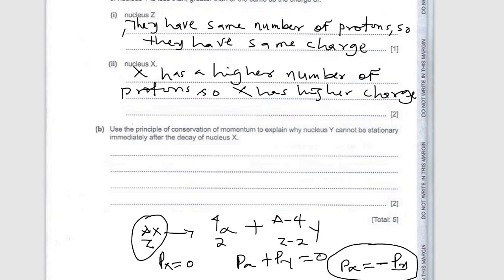I believe you understand what I'm saying. Since momentum of X is 0, nucleus Y will not be stationary immediately, but will eventually come to rest.